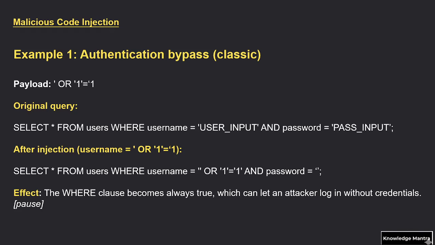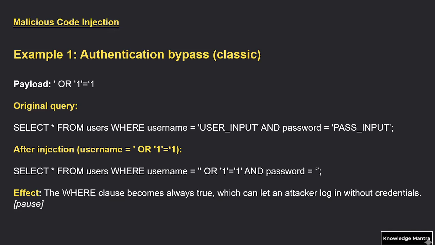So this query means give me every column from the users table for the record where the username equals what the user typed and the password equals what the user typed. So this query is going to fetch the data based on the command given.